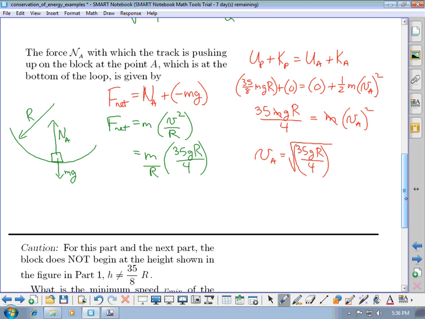So putting those things together, the upward force of the track at point A minus the weight is going to equal 35 mgr over 4r. So the r's divide out.